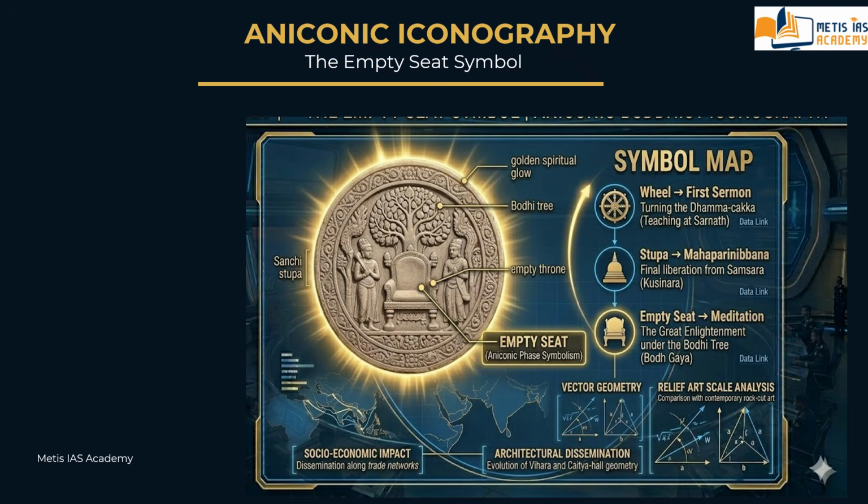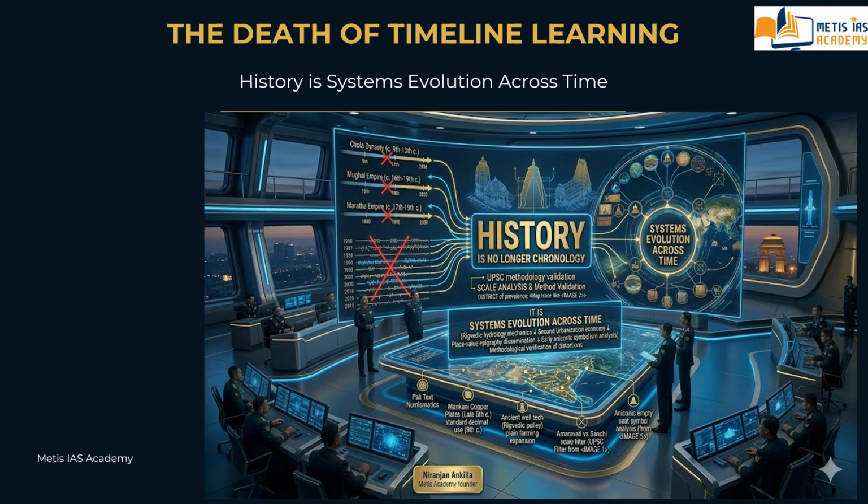It is all talking about this iconography. So the sermon symbols matching those specific symbolic containers for the enlightenment and meditation of Buddha, that is the empty seat. So option A is the correct answer.